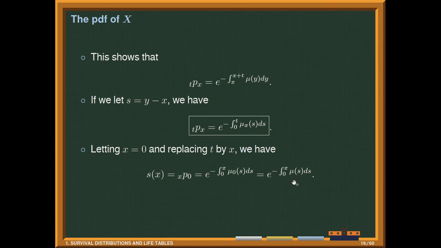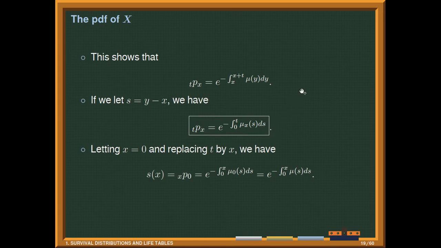It's e raised to the negative integral of mu of s ds from 0 to x, and that's the survival function. So the survival function of our random variable x in terms of the force of mortality is equal to this. Okay, this other form is the survival function of the random variable t in terms of the force of mortality.